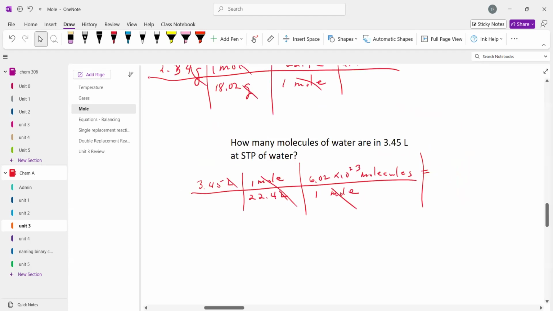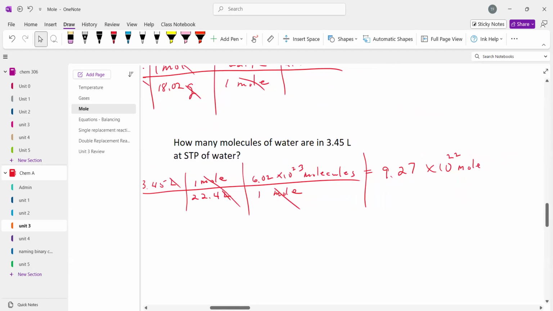Okay, and we're looking at 3 sig figs all the way across. Now, a lot of people ask me, is there an abbreviation for molecules? There is. Unfortunately, it's MOLC. The problem with that abbreviation is if you're sloppy making your C's, it looks like an E. So I usually don't use it, but there is an abbreviation.